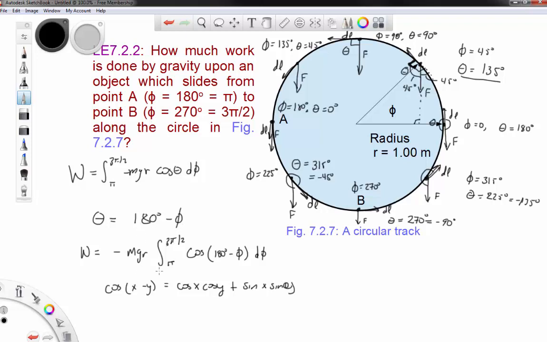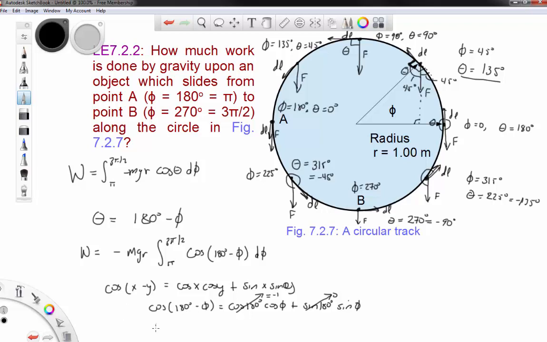So if we have 180 degrees minus phi, that's cosine of 180 degrees times cosine of phi plus sine of 180 degrees sine of phi. And of course, this right here is equal to 0. This right here is equal to negative 1.